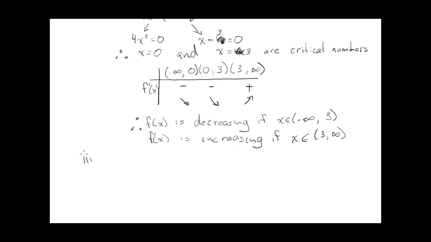So the next thing you look at is the local maximum and minimum point, and we can see from the first derivative test that there's a minimum when x equals 3. So we need to figure out what is the value of f when x is equal to 3.